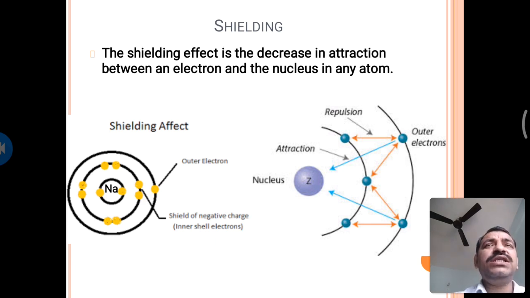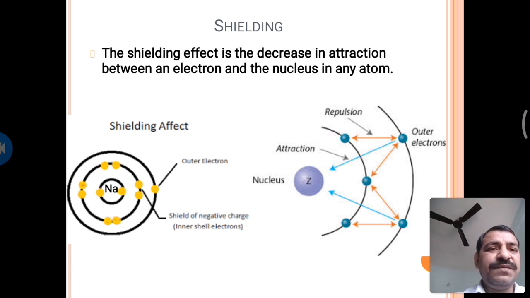But it is not the actual charge, because the inner electrons repel and screen the outermost electron. That is why the nuclear charge of the sodium atom decreases, and this decreased charge is nothing but the effective nuclear charge.